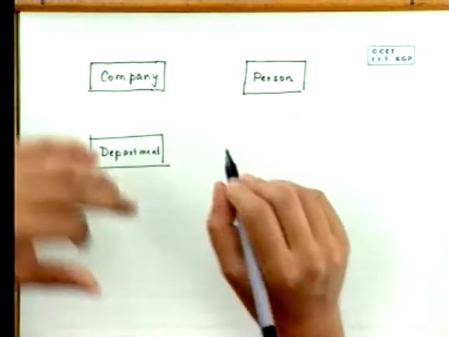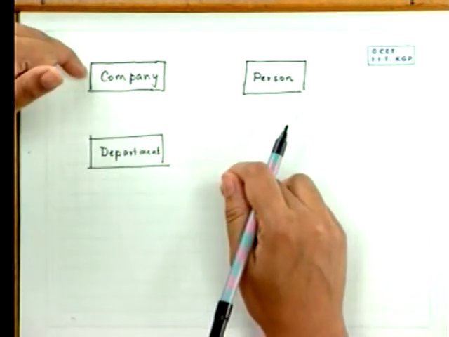There is an association relationship between company and department as well as that between company and person. And since a company consists of departments, so the relationship between a company and a department is also an aggregation relationship or a whole part relationship.